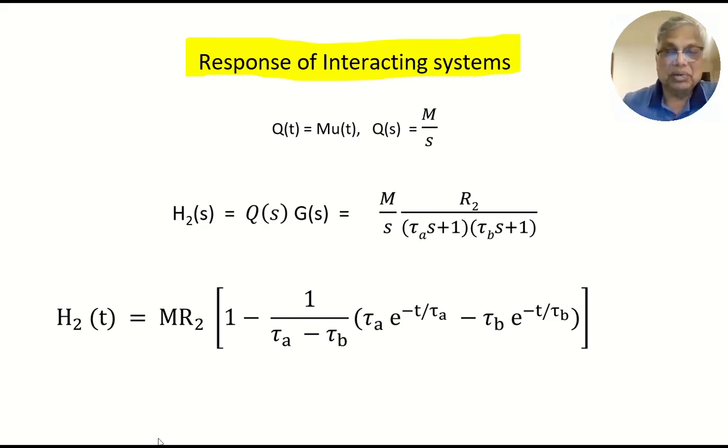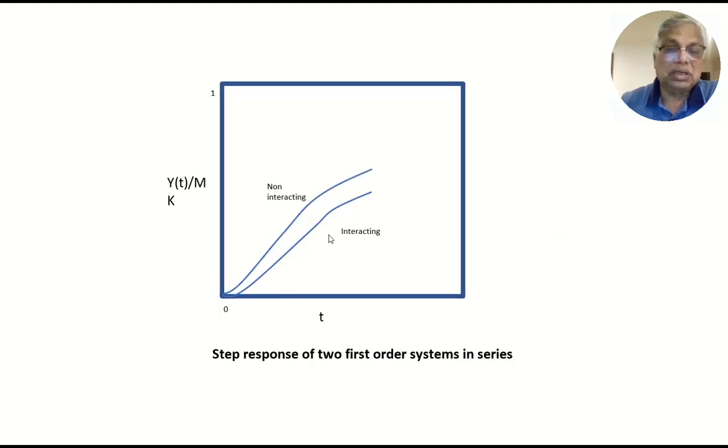So if you make a plot of this, how does it look graphically? Let us see visually how this equation compares with the equation of non-interacting systems in series.